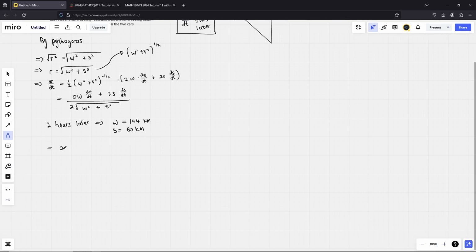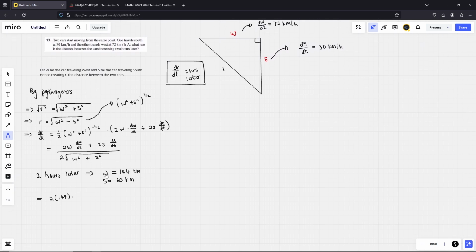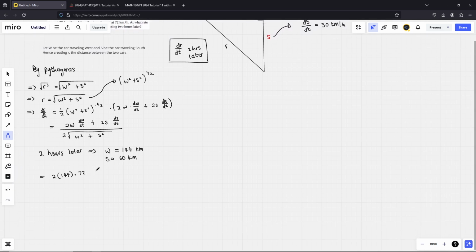Now this is going to be equal to 2 into 144, and we know that w is changing at 72, plus 2 into 60, and that's changing at 30, all over 2 into the root of 144 squared plus 60 squared.